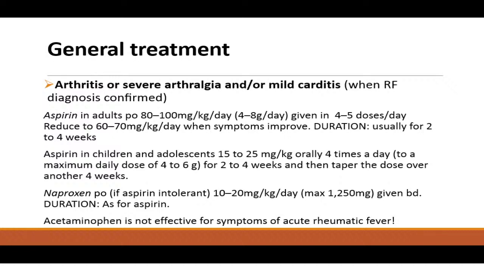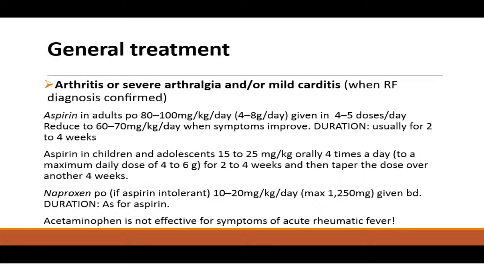Some other non-steroid anti-inflammatory drugs which can also be used include naproxen. It's also investigated in this group of patients. You see the dosage of it, and the duration is the same, from 2 to 4 weeks. Acetaminophen is not effective for acute rheumatic fever.